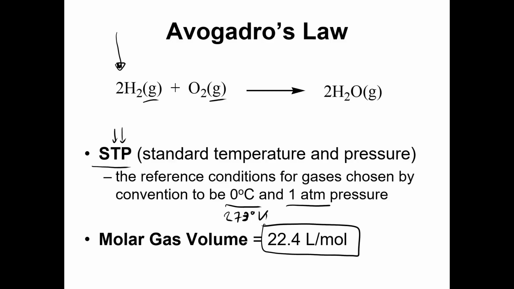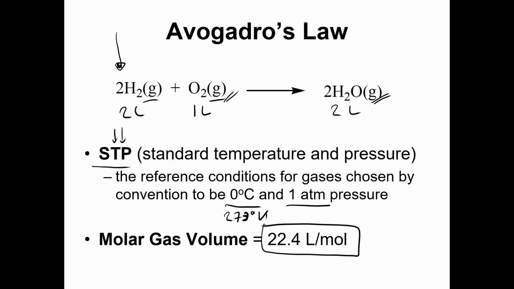And so you can actually, since this is in the gas phase, now say, well, if I have 2 liters of hydrogen, then I need exactly 1 liter of oxygen. And when I combine those, I am going to get 2 liters of water gas, right? As long as everything is in the gas phase.